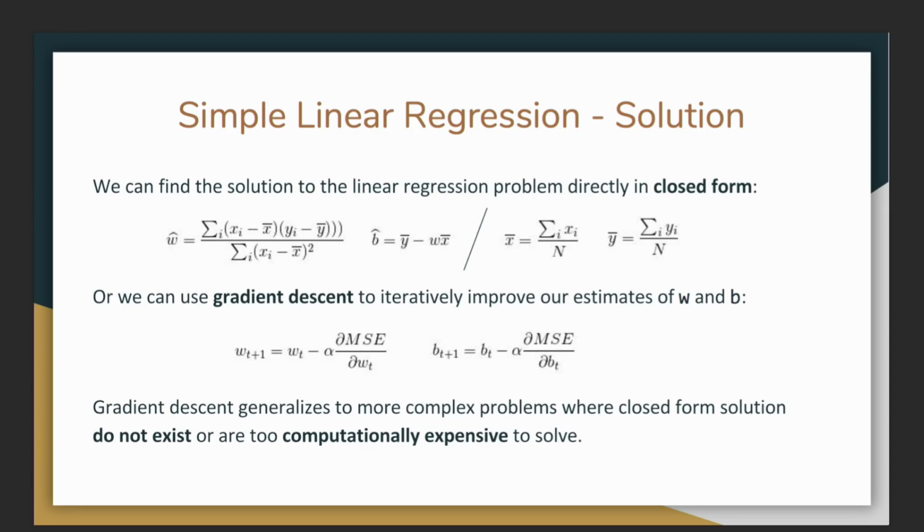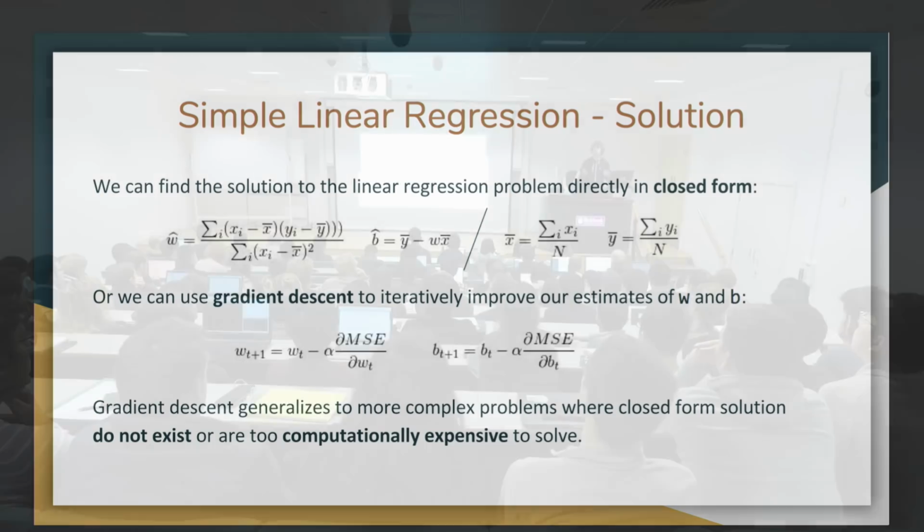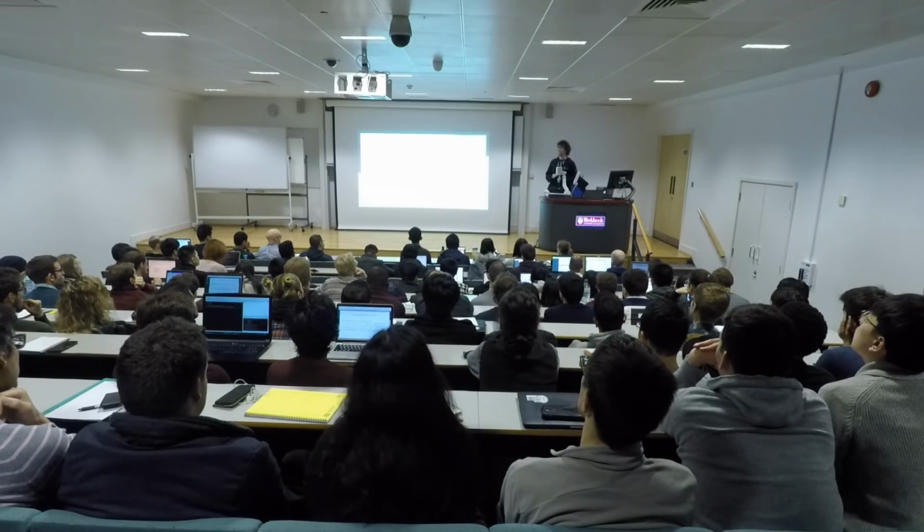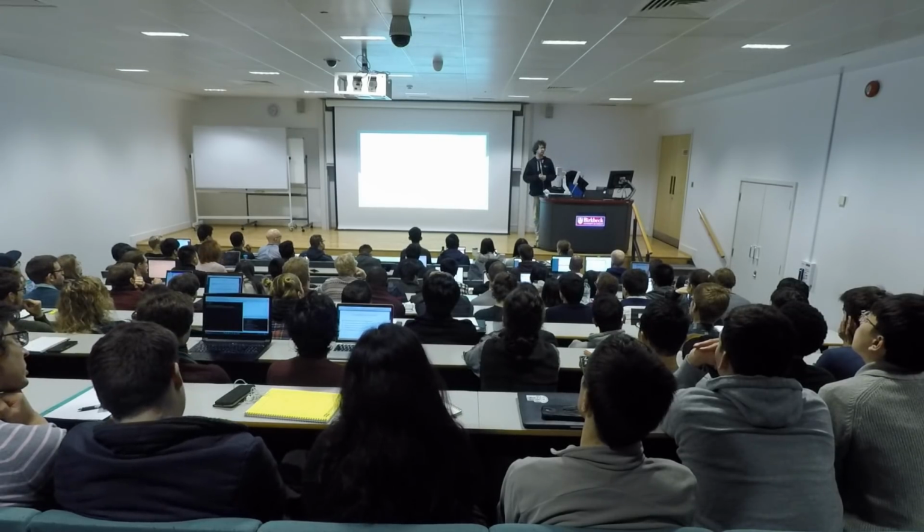If you consider that x bar and y bar are just the mean of the inputs and the outputs respectively, this amounts to summing over the data set the product of the difference between inputs and the mean input and the difference between outputs and the mean output, and dividing it by the variance of the input. And there is an even simpler equation for finding the coefficient b. This is very convenient because it means that you can, in one shot, just get out the best linear fit to your data, just by applying that equation.